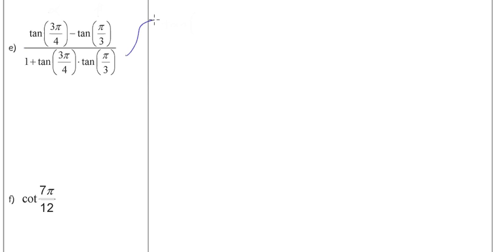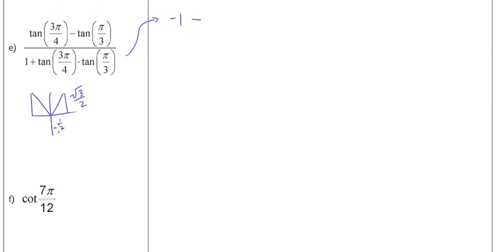So this all equals tangent of 3/4 pi, which is -1. So -1 minus tangent of pi over 3, that's here in our first quadrant, and our sides are 1/2 and the square root of 3 over 2.